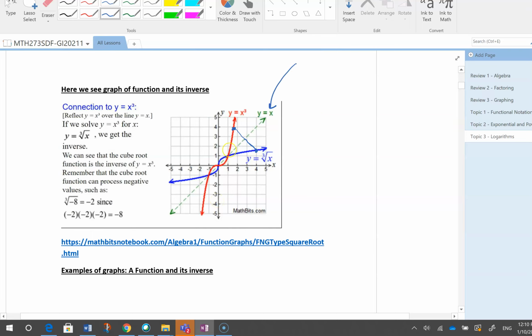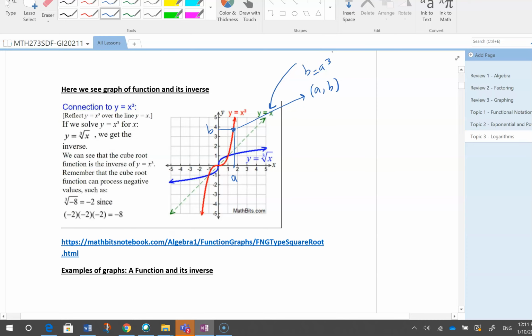What do I mean here? See, if I find this point, for example, this point is A and B. What is the relationship? B is A cubed, for example.